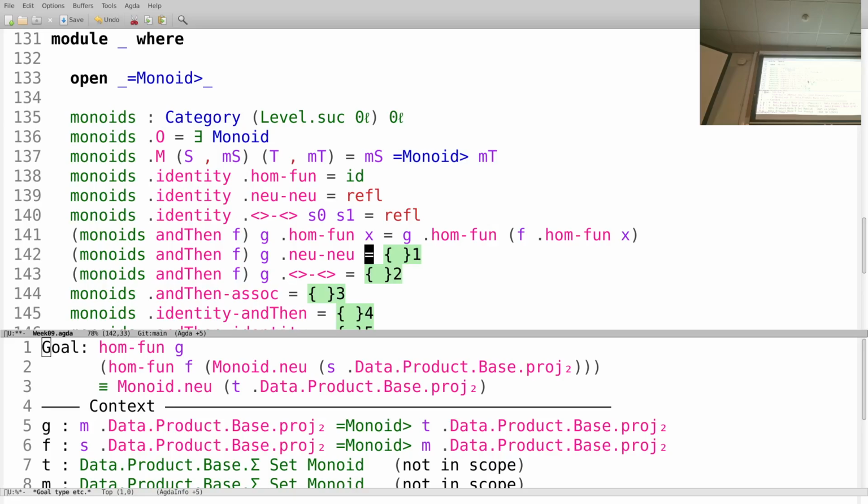Namely, F will take the source neutral to the middle neutral, and then G will take the middle neutral to the target neutral. So we just have to go in two steps. First, we have to rewrite F dot mu.